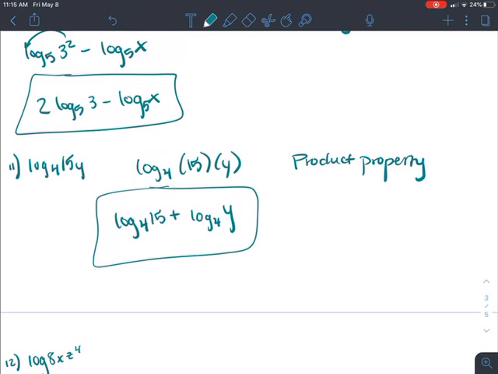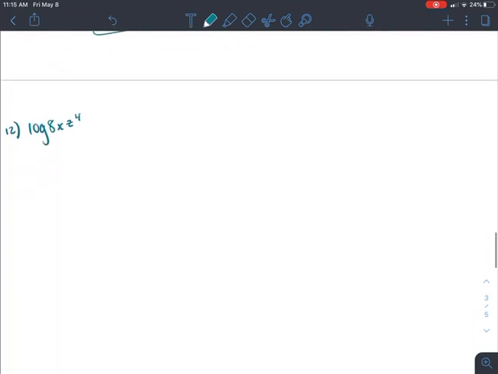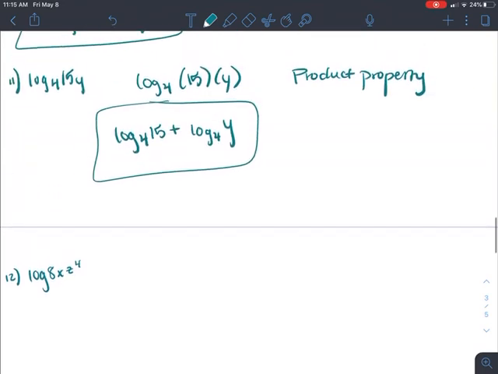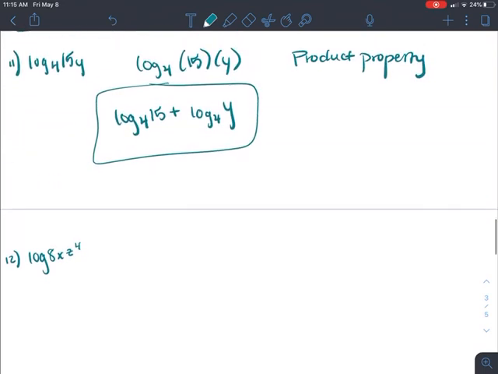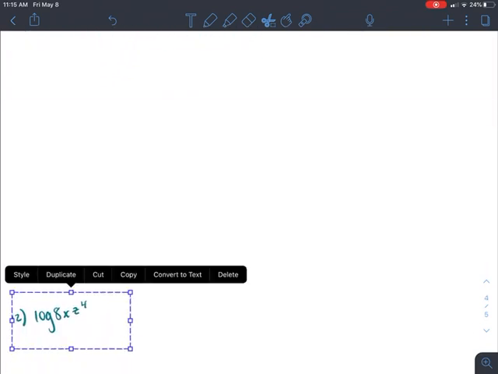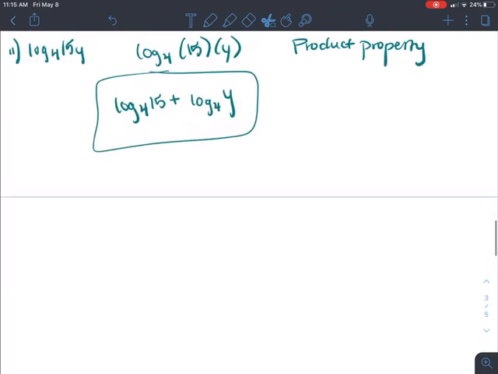Oh, and then we've got our final answer. And I realized that I actually wrote this problem wrong. So what I'm going to do is add in the correct way to do this, the one that was featured on your worksheet. So I did kind of a hint. But we're going to do log 4 of 15xy.